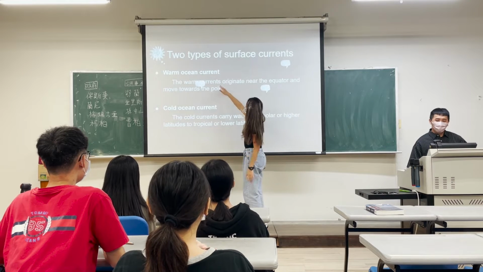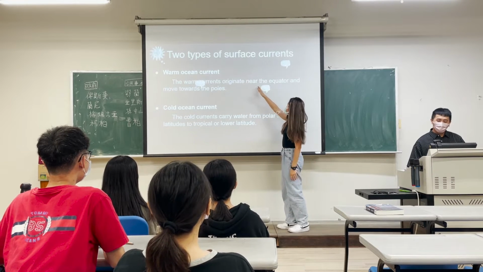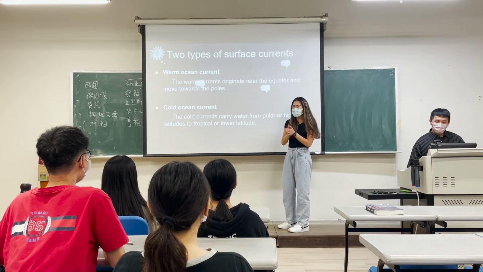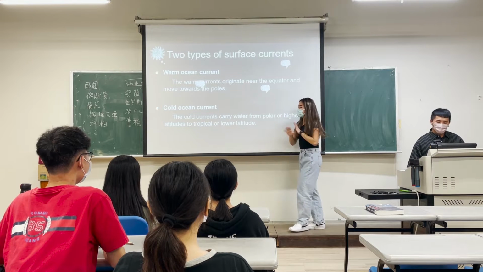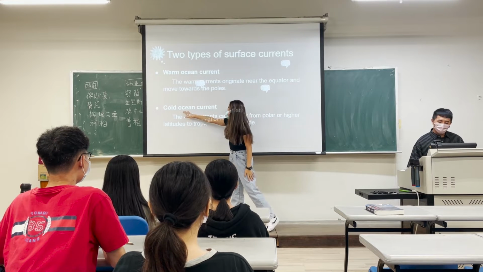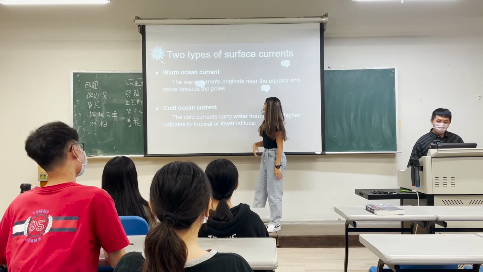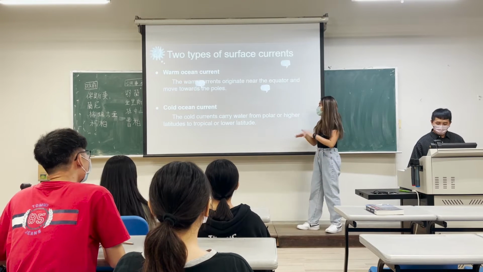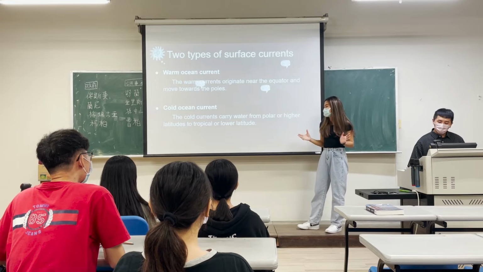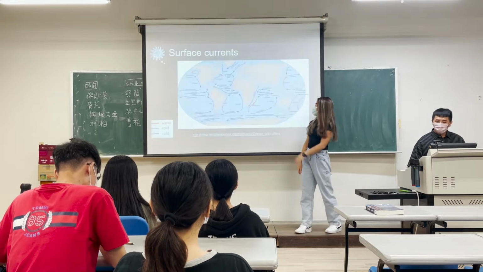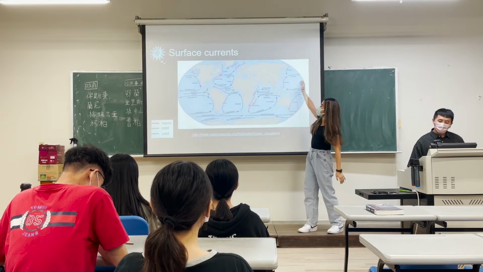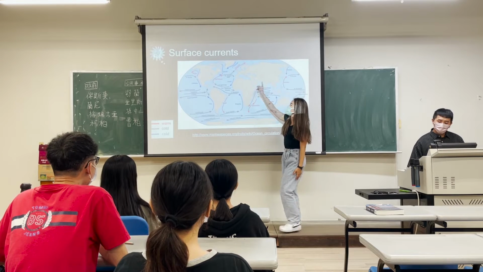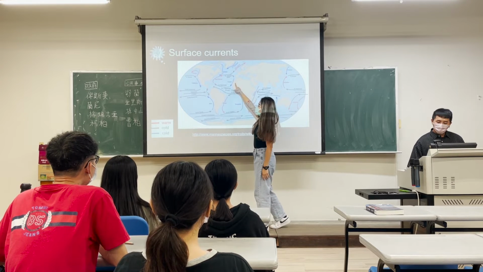The warm ocean currents originate near the equator and move towards the poles. On the other hand, the cold ocean currents carry water from the colder or higher latitudes to tropical or lower latitudes.